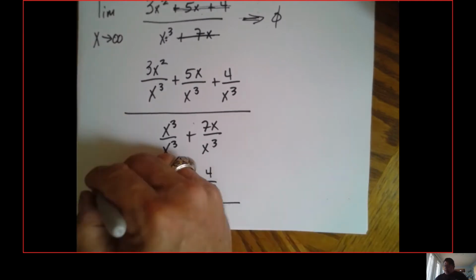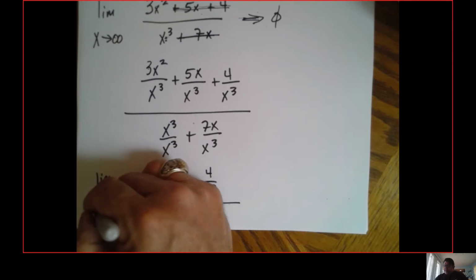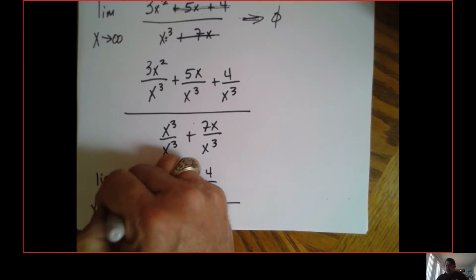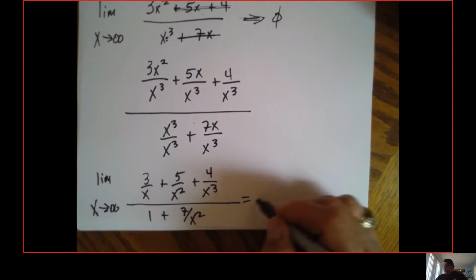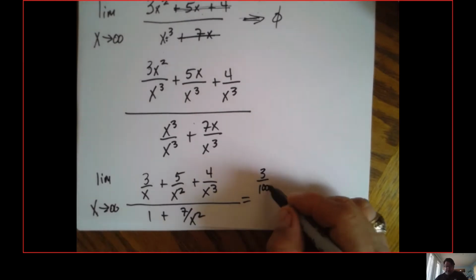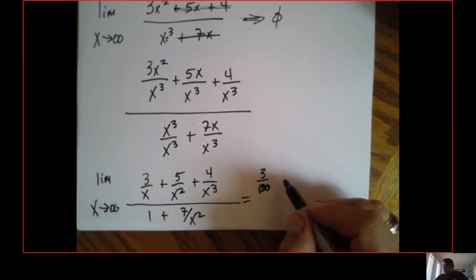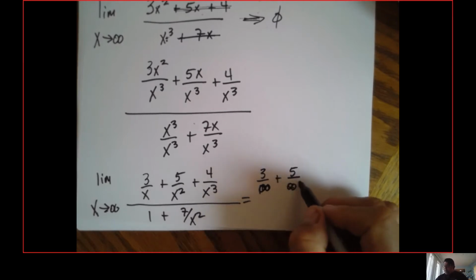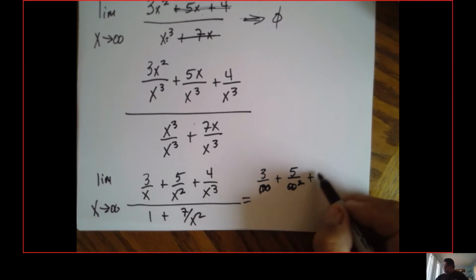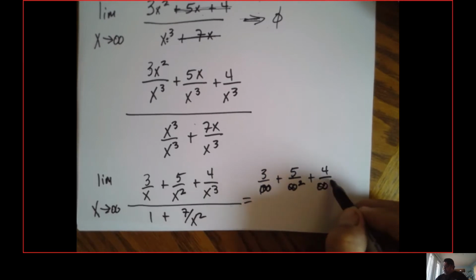Now, limit as x approaches infinity. As the numbers get bigger and bigger, what am I going to get? I'm going to get 3 over infinity plus 5 over infinity squared over 4 over infinity squared cubed.